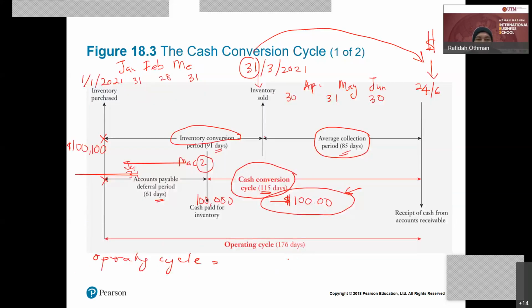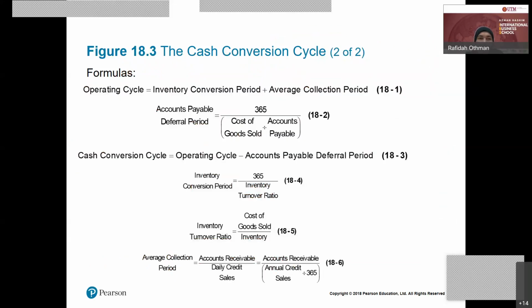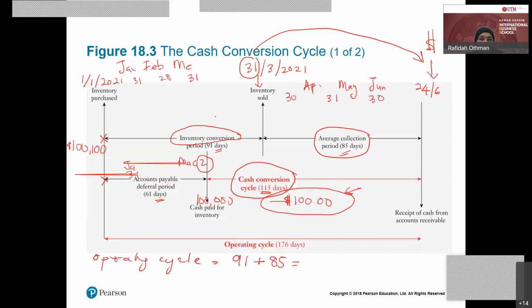Operating cycle is 91 plus 85 days. Okay, 91 plus 85, right? It is 176 days.